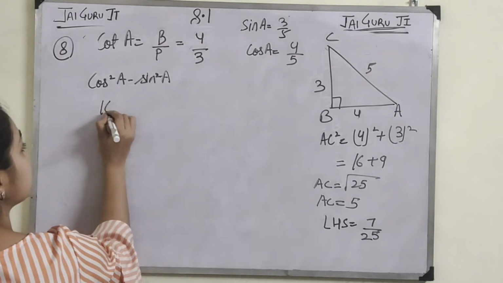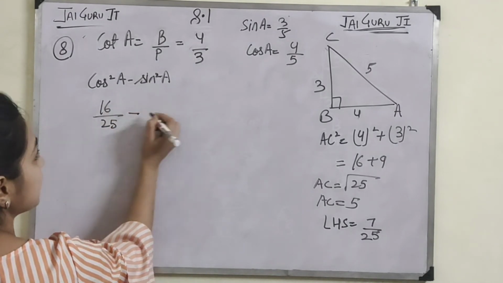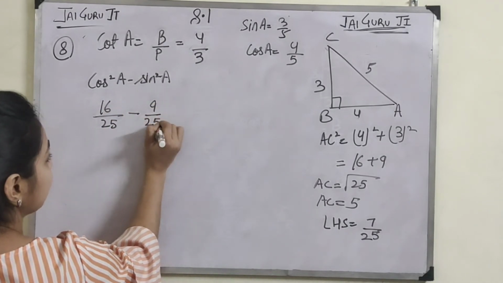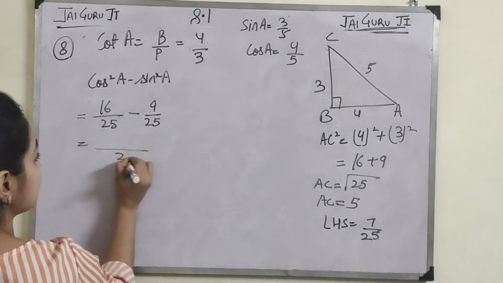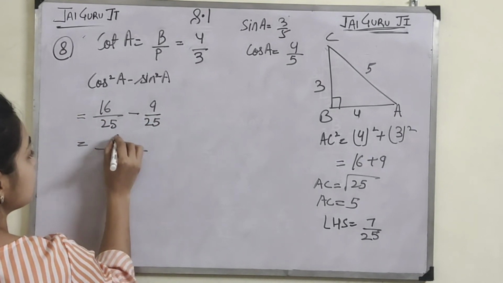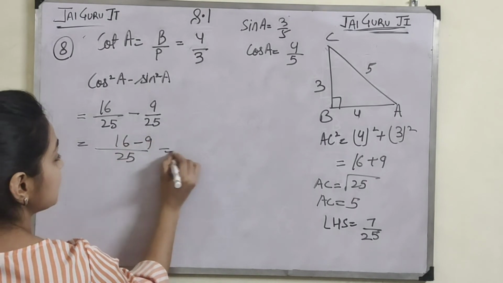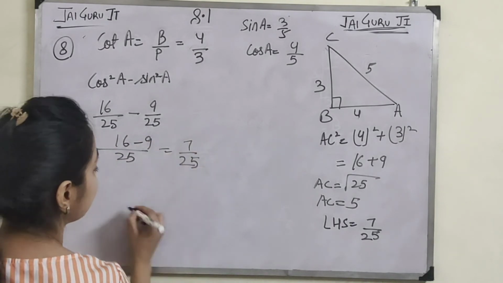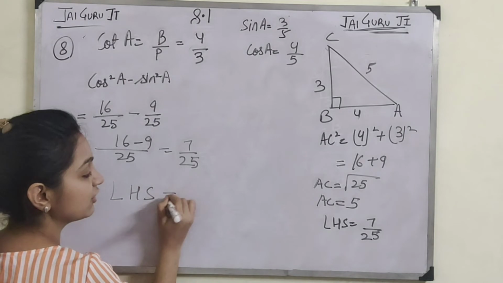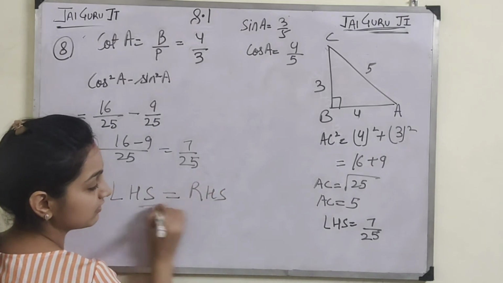Cos square means 16/25 minus 9/25. We will take the LCM, 25 is the LCM. 16 minus 9 is 7/25. So it is done. LHS is equal to RHS, proved.